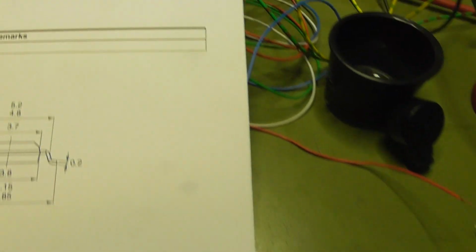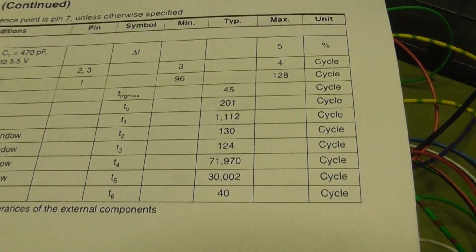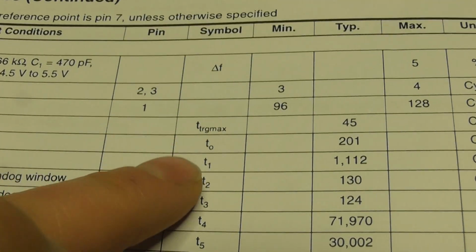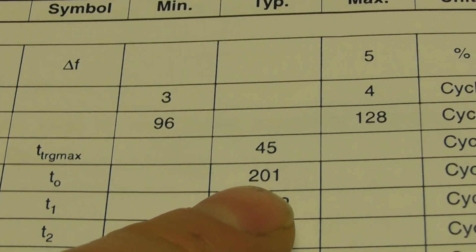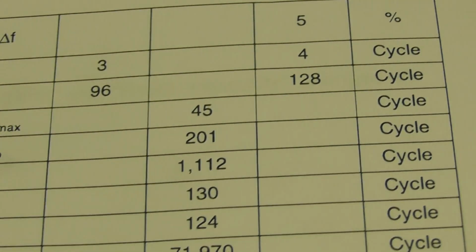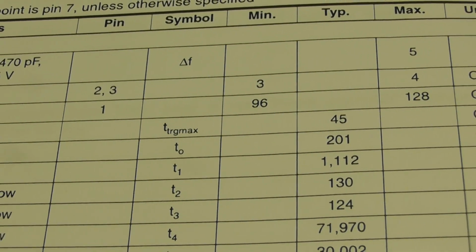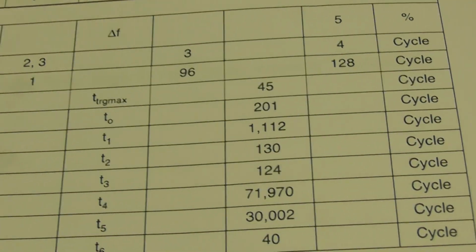And here in the data sheet are the typical cycles for each time. Example for T0, it takes normally 201 cycles. Also for the rest of all the times.